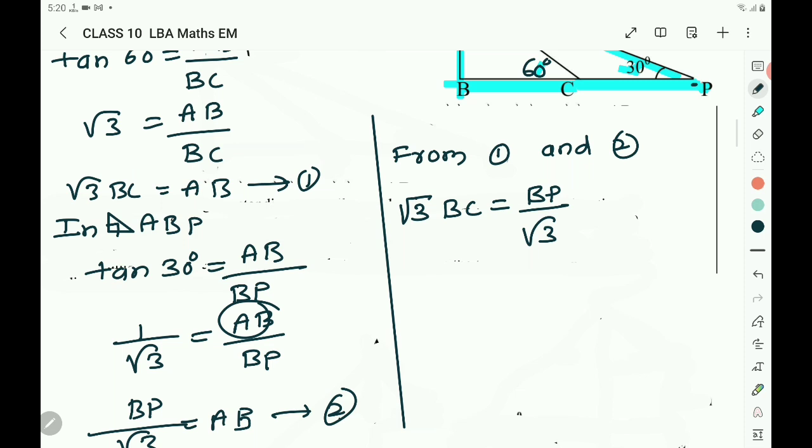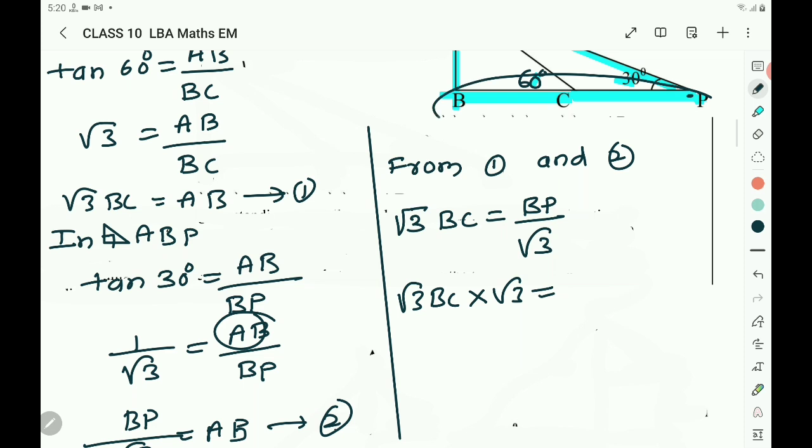Multiply root 3 into root 3 BC, which is equal to BP, that is BC plus CP. Root 3 into root 3 is 3, so 3BC equals BP, which is BC plus CP.